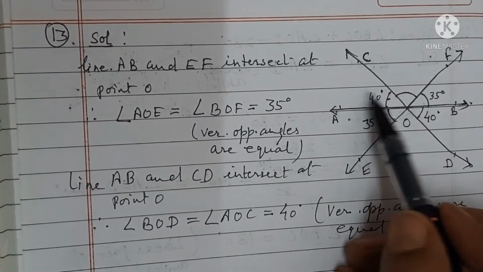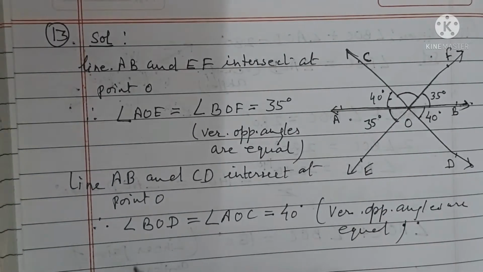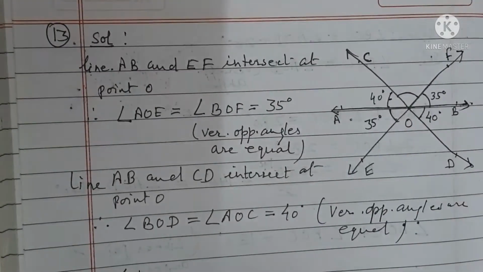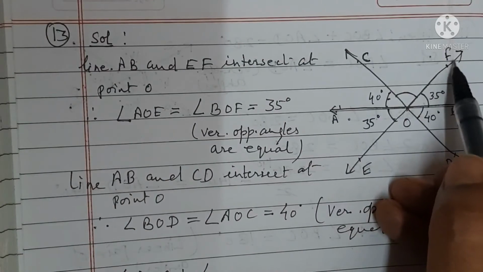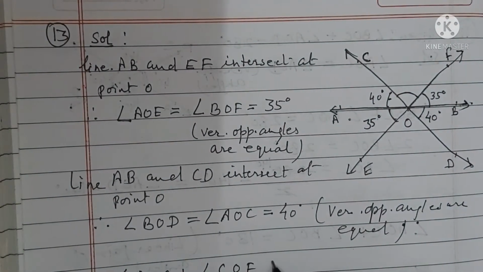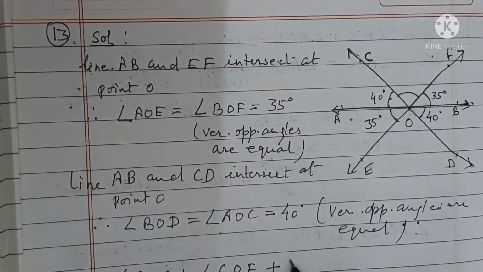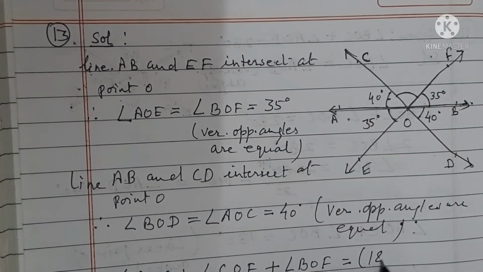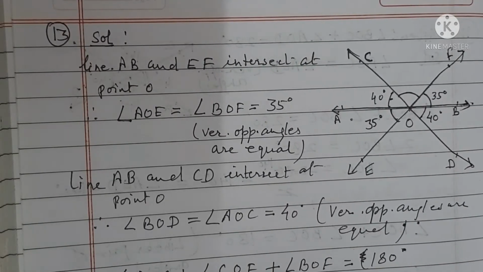This theorem we studied in the previous video. So write here angle AOC plus angle COF plus angle BOF is equal to 180 degree, and you can give the reason.